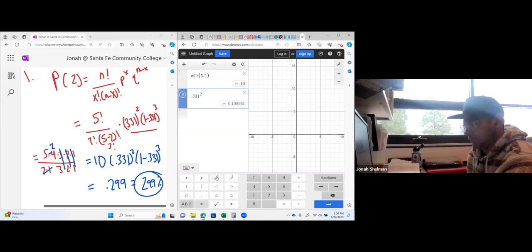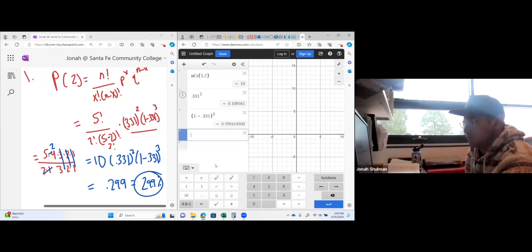0.331 squared is 0.109. Then I have 1 minus 0.331 raised to the third power. It's 0.229.